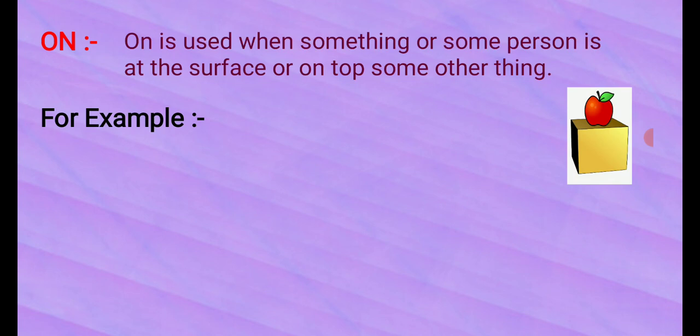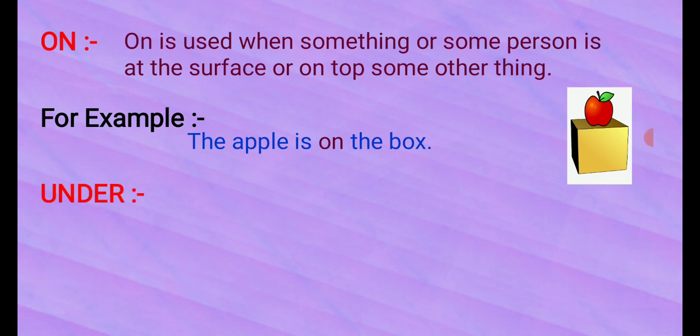So let's make a sentence. What will be the sentence? The apple is on the box. So remember that both things touch each other at one level. At that time we use on.